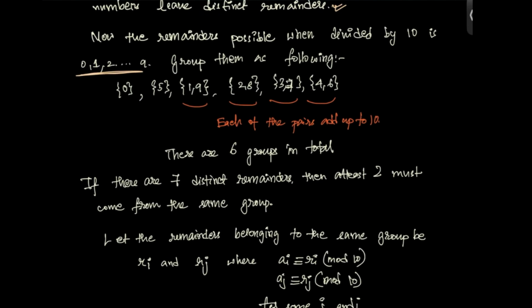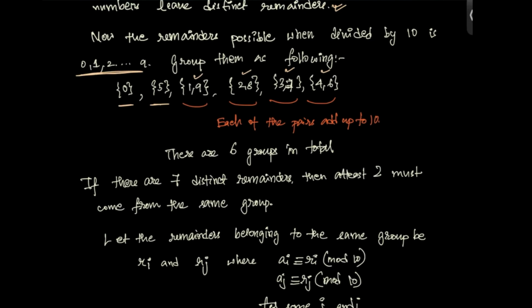There's a singleton set of 0, a singleton set of 5, and 4 pairs: 1 and 9, 2 and 8, 3 and 7, and 4 and 6. Just note that each of these pairs adds up to 10, and we'll be showing the reason for that very soon. So we group these 10 possible remainders into these 6 sets.